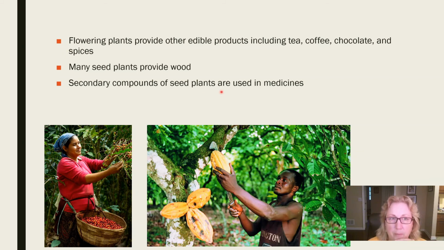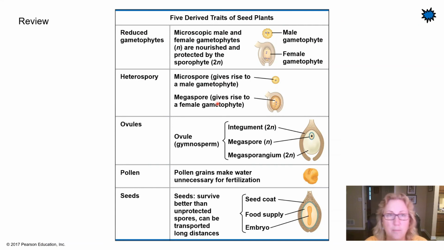We don't get a whole lot from any of the other plants, and that could possibly be just because angiosperms are so common and so dominant. Most of the species of plants on Earth are angiosperms right now, and most of the rest are gymnosperms. So that's where most of our plant foods are going to come from.